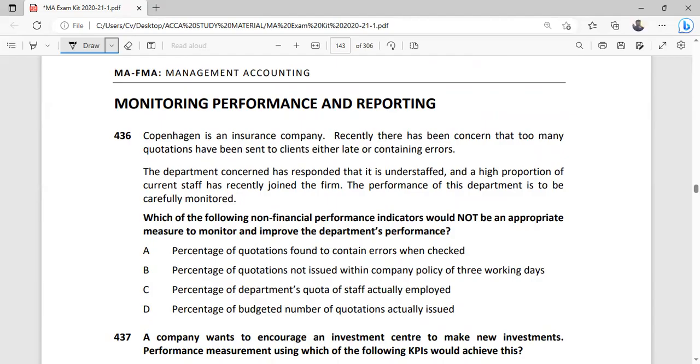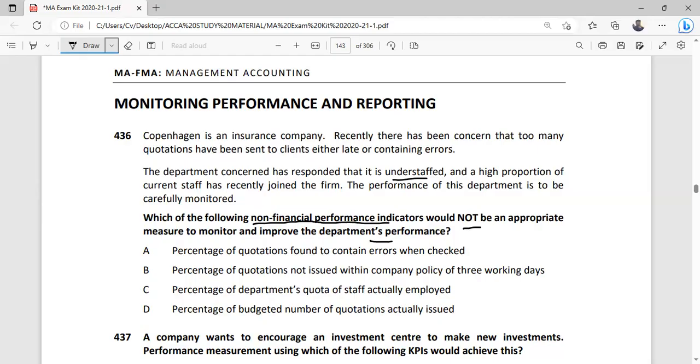The department concerned has responded that it is understaffed, which means their staff is less than required, and a high proportion of current staff has recently joined the firm. The performance of this department is to be carefully monitored.